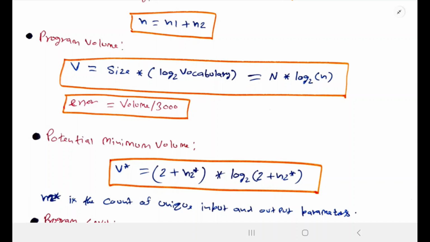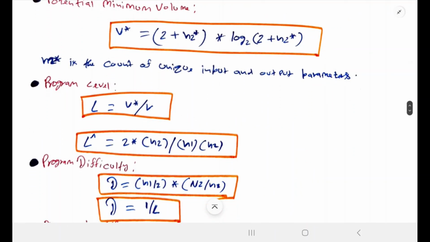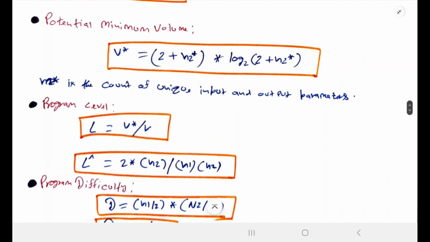If we have to find errors, we will find them from this formula. The potential minimum volume V star will be 2 plus n2 star into log 2 of 2 plus n2 star. n2 star is the count of unique input and output parameters.